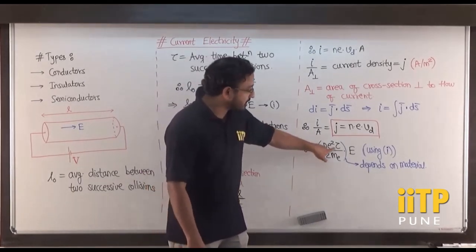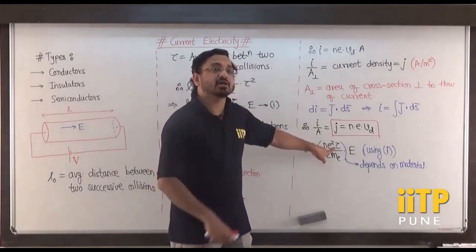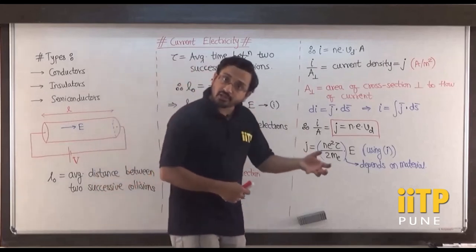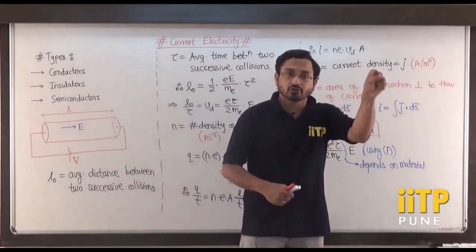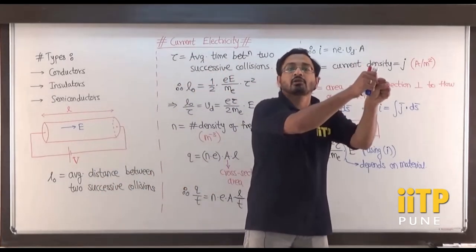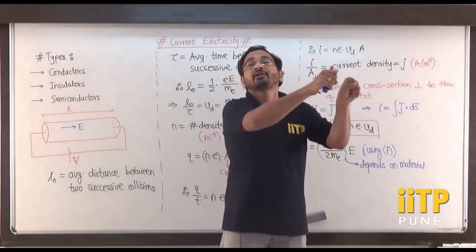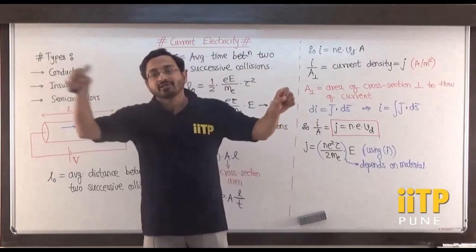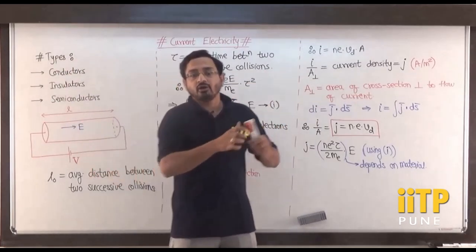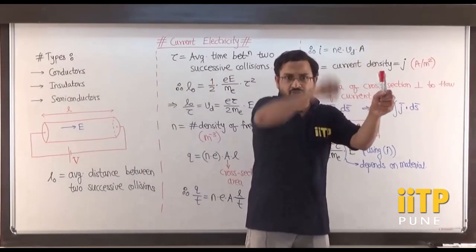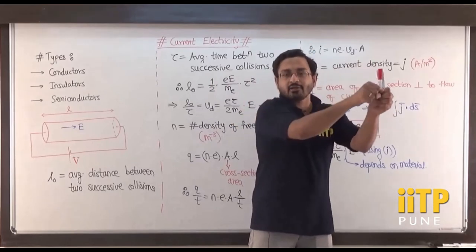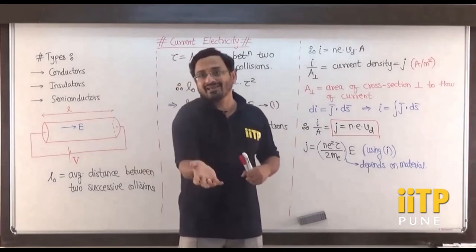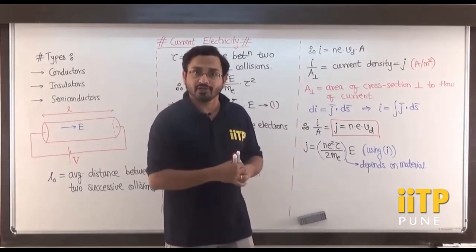In the same way, if you have a high tau, or a high average time between collisions, it indicates that after undergoing the first collision, the electron goes unhindered for a long time, and that again makes it a better conductor. Compare an electron which bounces too many times with an electron which goes straight for a long way and then bounces. Obviously the second case is a better conductor of electricity.